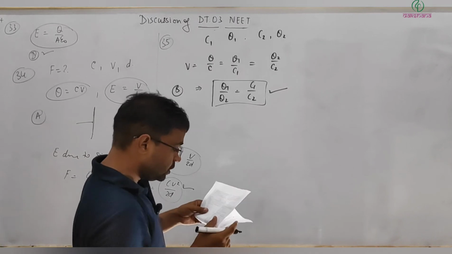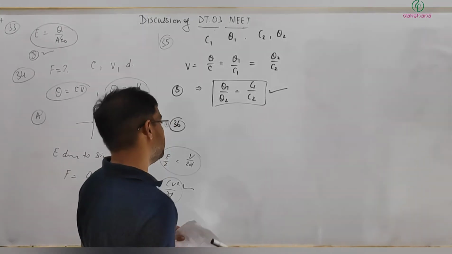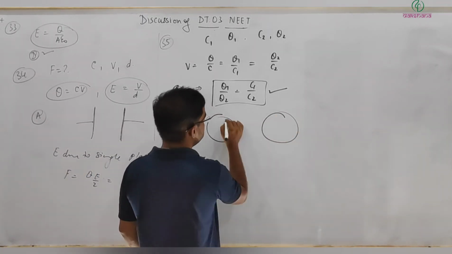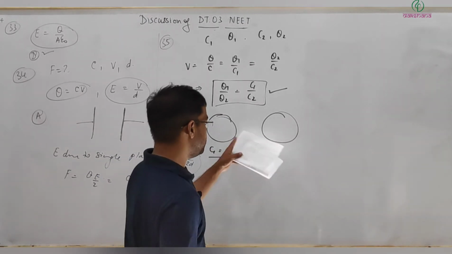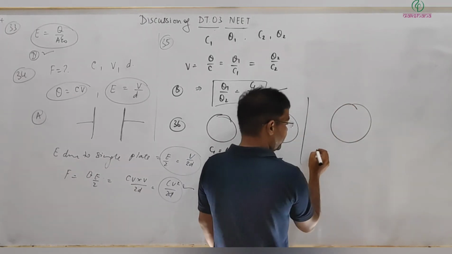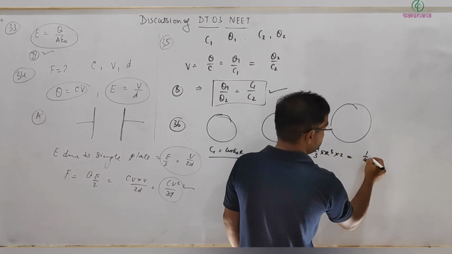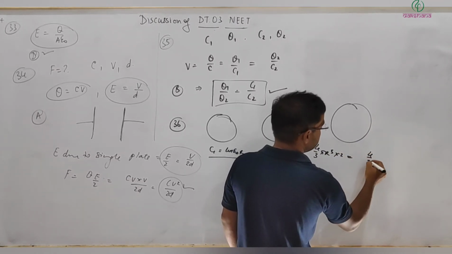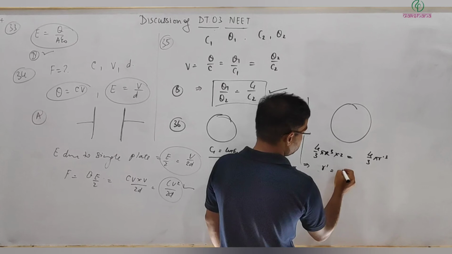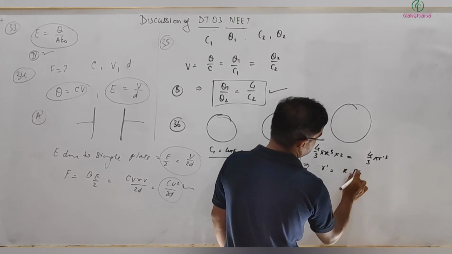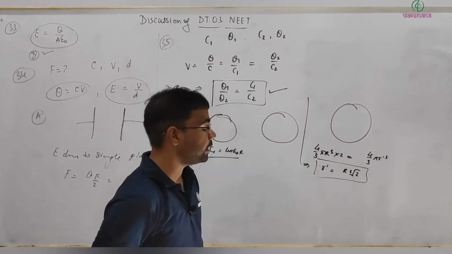36. Two identical charged spherical drops, each of capacitance C, merge to form a single drop. Here the capacitance C is 4 pi epsilon naught R, and two drops merge to form a single drop. By volume conservation, 4 by 3 pi R cube multiplied by 2 should be equal to 4 by 3 pi R prime cube. This implies R prime is equal to R into cube root of 2. So this is the new radius.